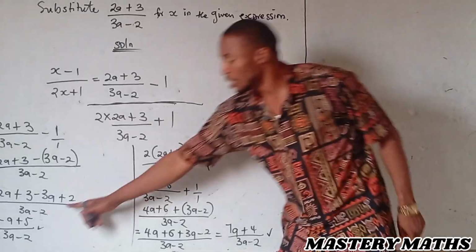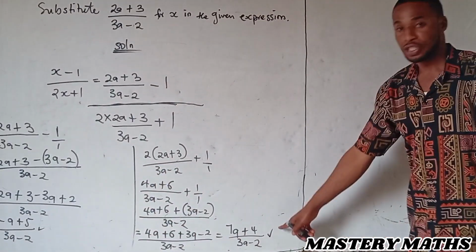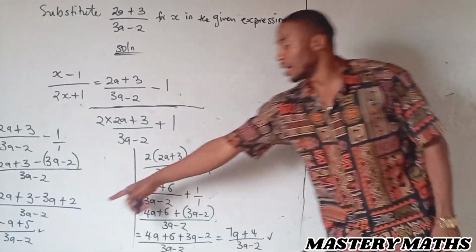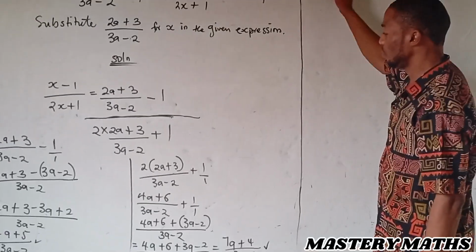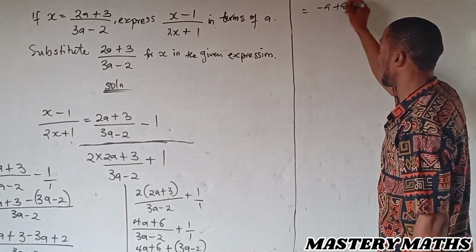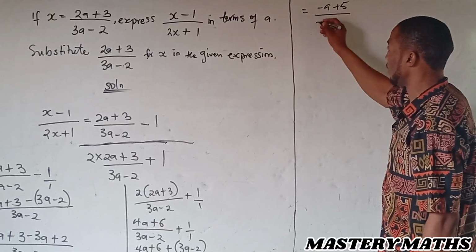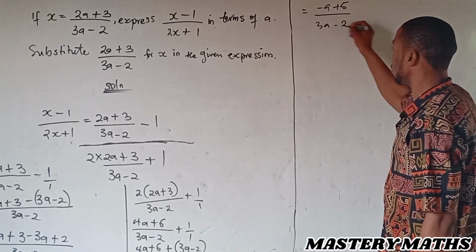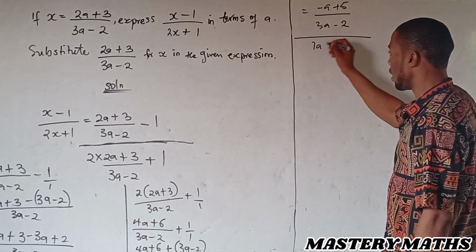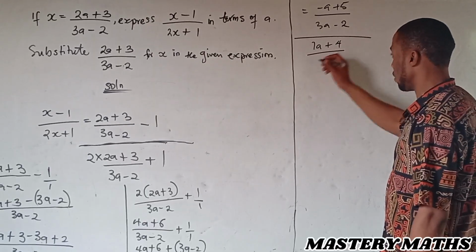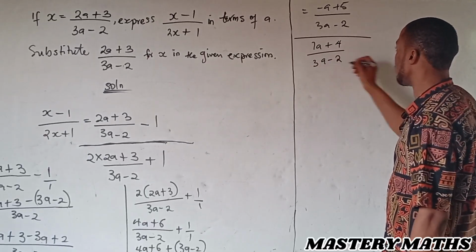Now, let's use the numerator we've gotten to divide the denominator. I'm going to write out the numerator we have up here. The numerator is (−a + 5) over (3a − 2), divided by (7a + 4) over (3a − 2).